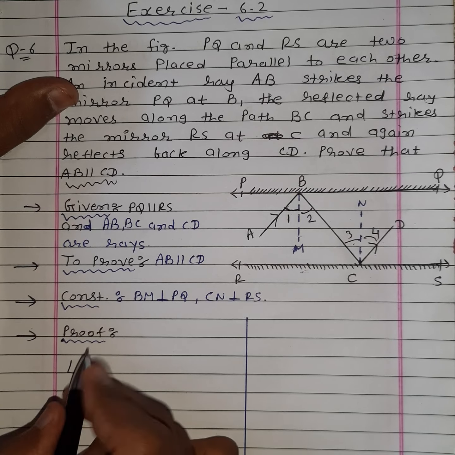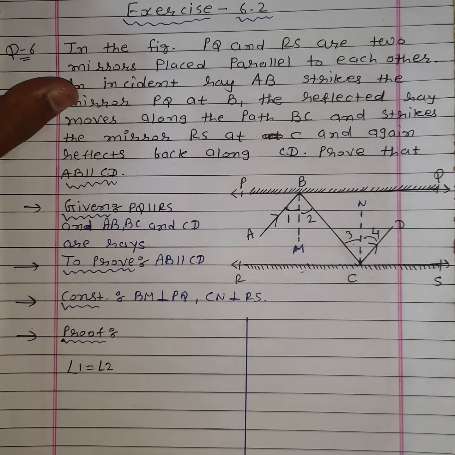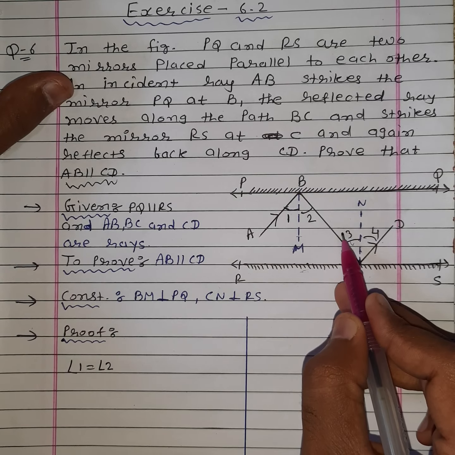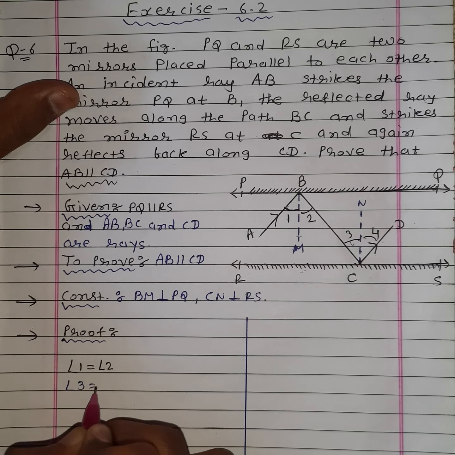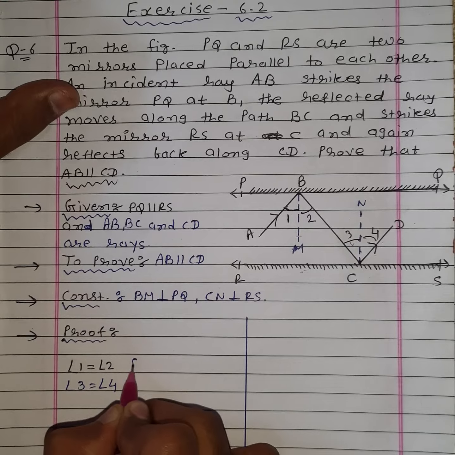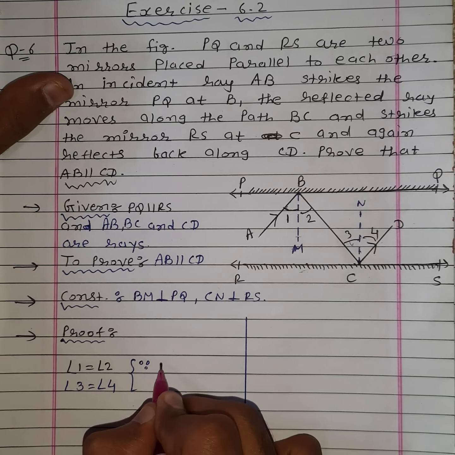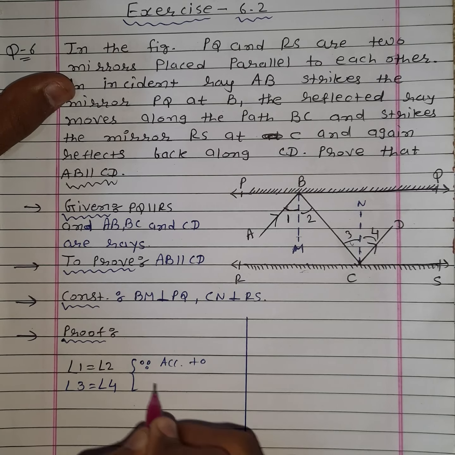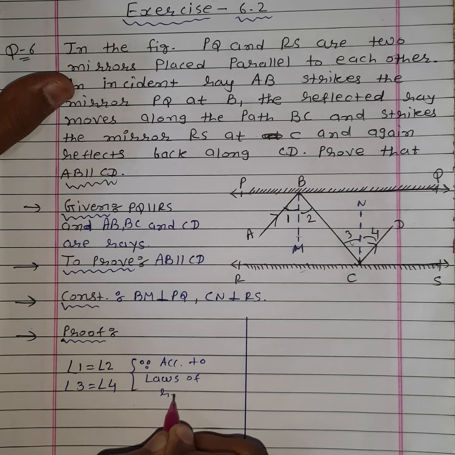So according to the laws of reflection, angle 1 is equal to angle 2, and similarly angle 3 will be equal to angle 4, because angle 3 is the angle of incidence and angle 4 is the angle of reflection. So they are also equal. Angle 3 is equal to angle 4, and we need to write down the reason why these angles are equal: because according to the laws of reflection, they are equal.